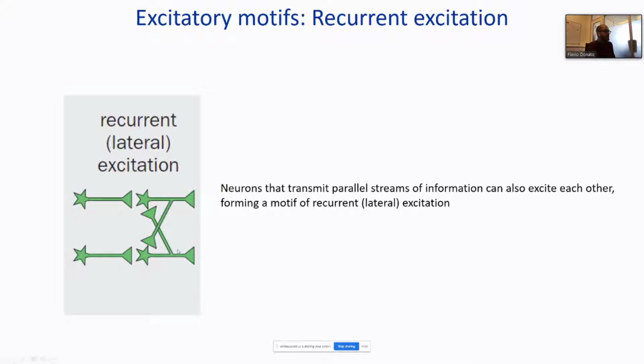Why is that important? Because of the pattern of the way in which these neurons are connected and who excites who, if you have tons of this type of laterally exciting neurons, you can create and stabilize one pattern of activity and use that to store some information.